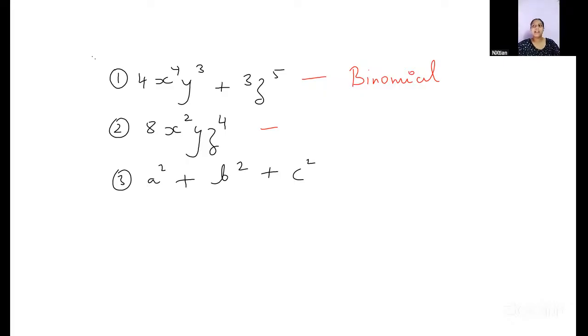There is no sign there, which means only one term is there. When there is no sign and only one single thing is mentioned, it's only one term. The things with only one term are called monomials. Monomial, yes.